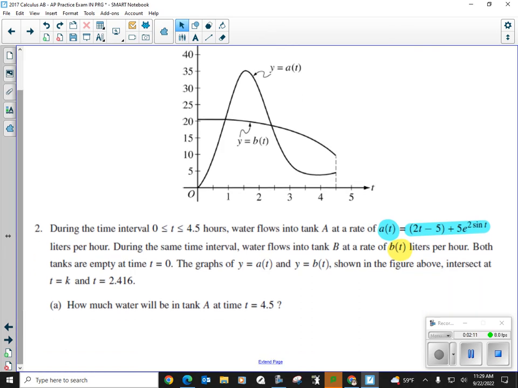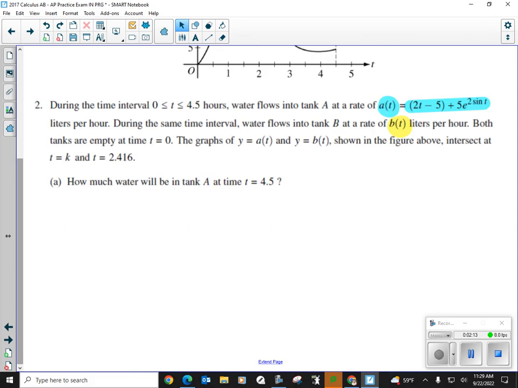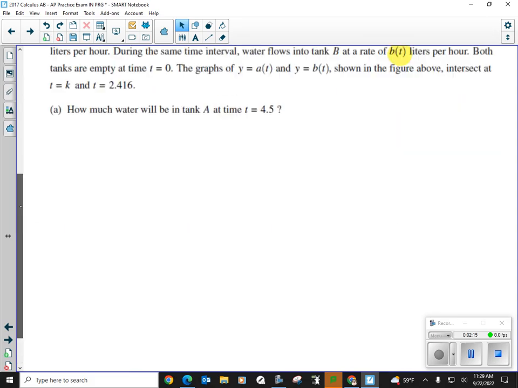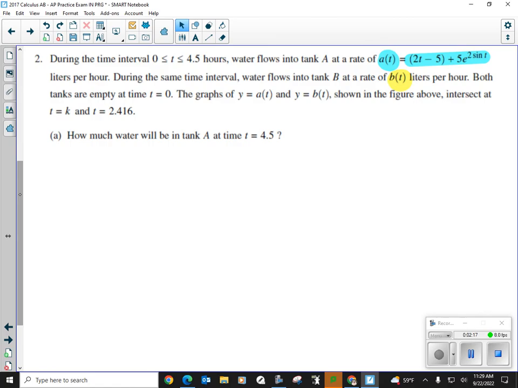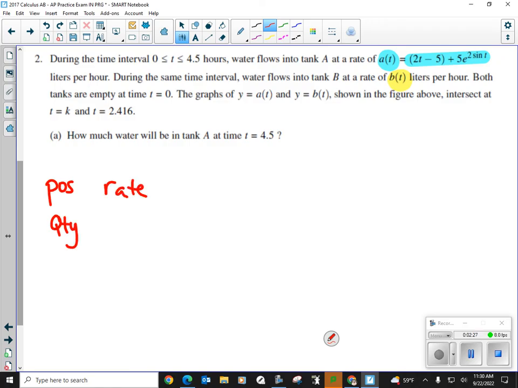Now, if you watch free response question 1, I did a quick review here of the connection between position or quantity, and then there's rate, and it all moves down. There's position, velocity, and acceleration.